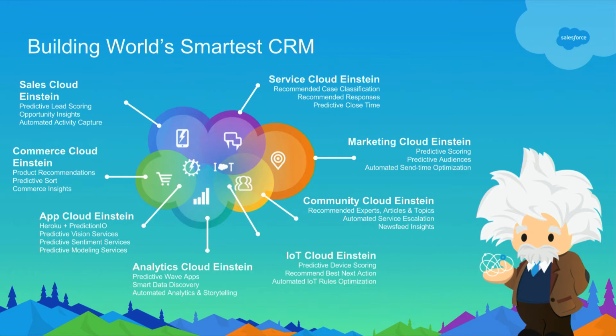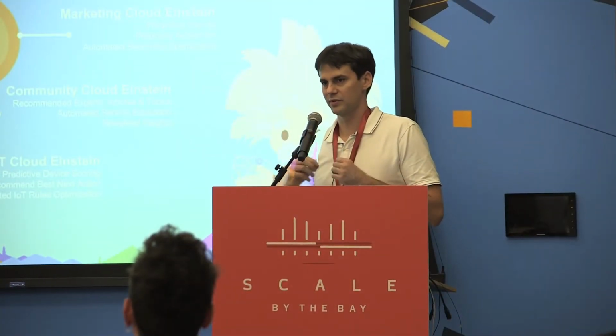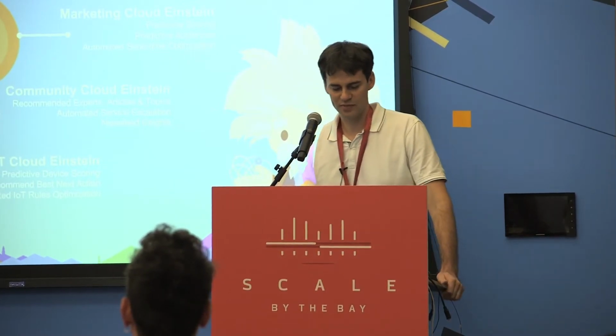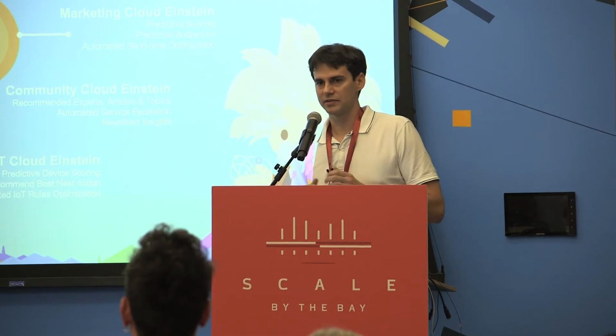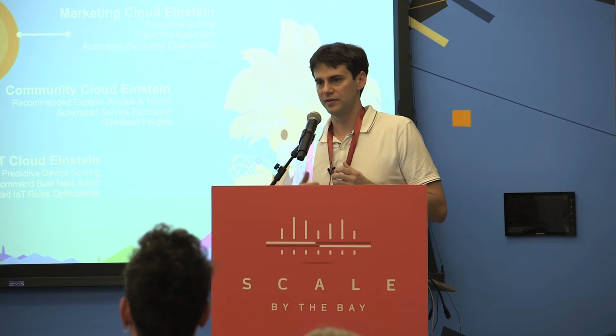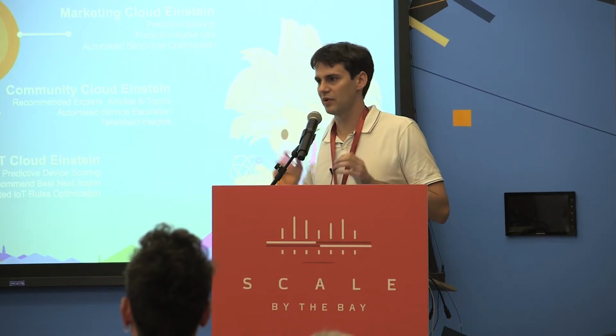There's also case classification, which is helping route support tickets to the right person so that the end consumers of our customer will get a better service. And finally, there's a few others, but one exciting one is last week at Dreamforce, we announced Einstein Prediction Builder, which actually allows Salesforce admins to predict any sort of field on any custom data model they have within Salesforce.